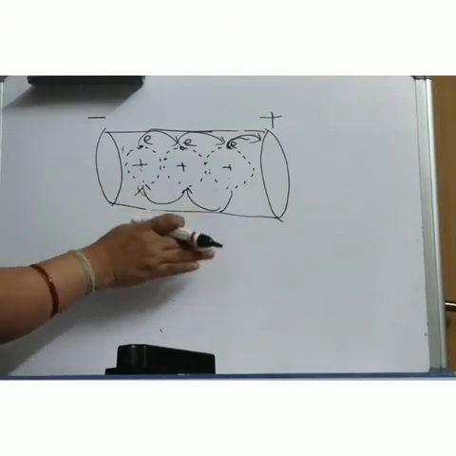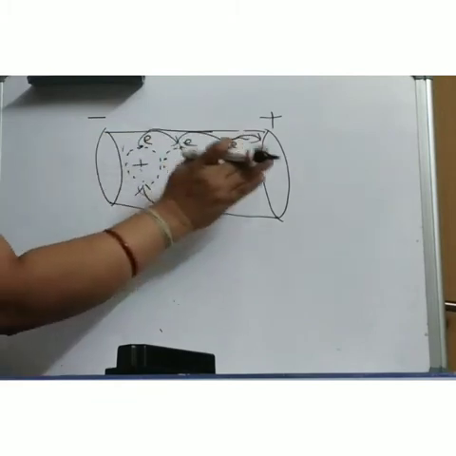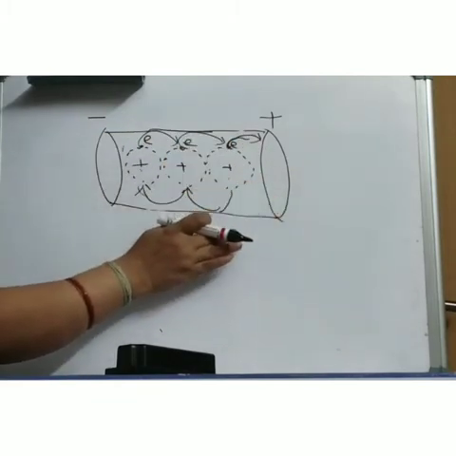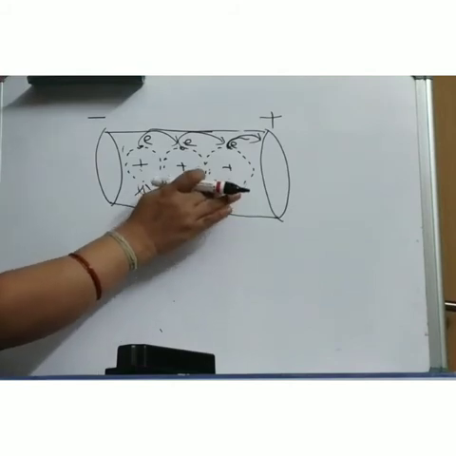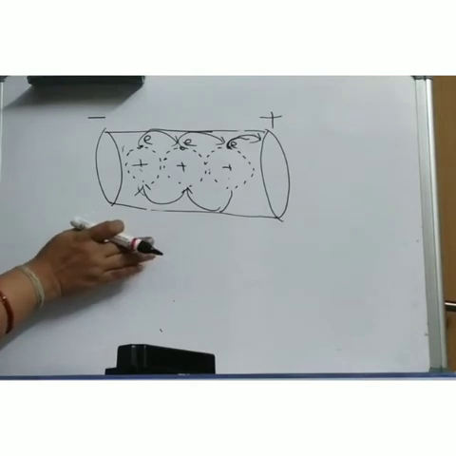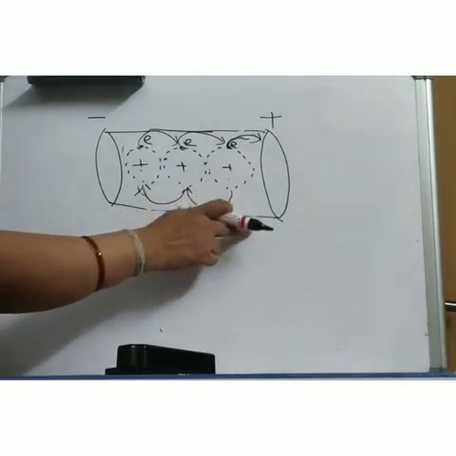So now I think it is clear. Electrons are moving from the negative terminal to the positive terminal. This positive charge is shifting actually. It is a relative shifting. If you see from outside, you can observe that positive charge is shifting.